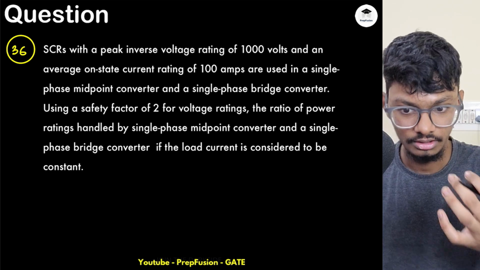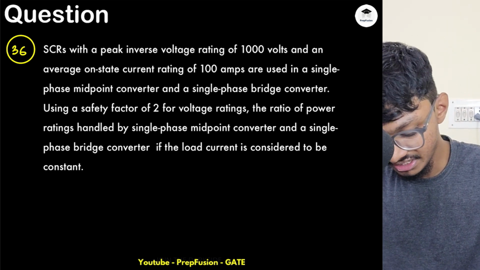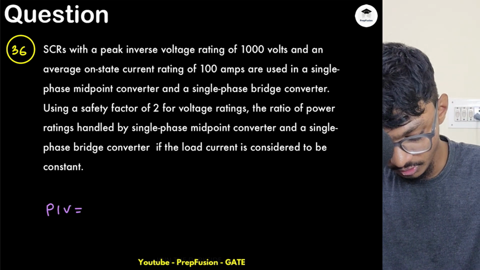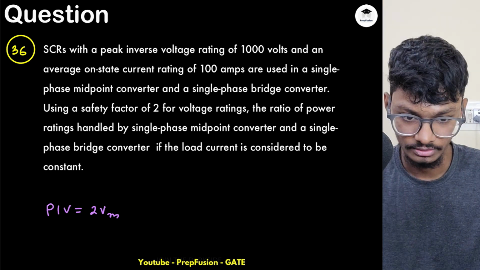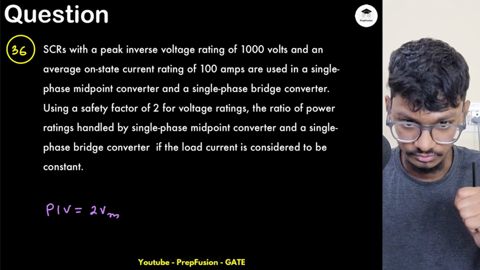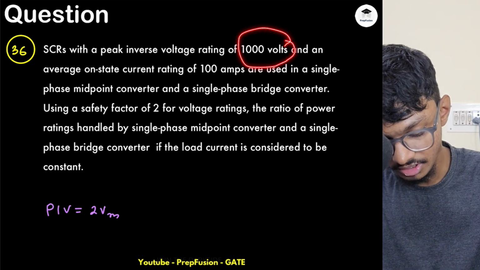The peak inverse voltage that we receive in the midpoint converter is 2 Vm. And in our case, the peak inverse voltage they have told us is 1000 volts.